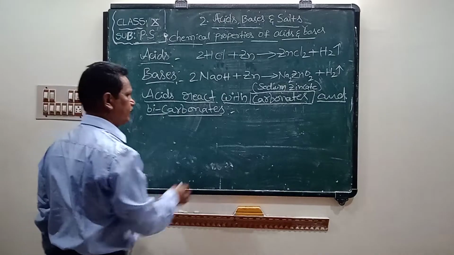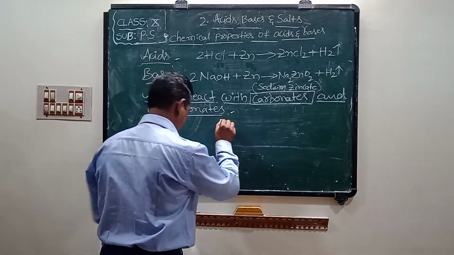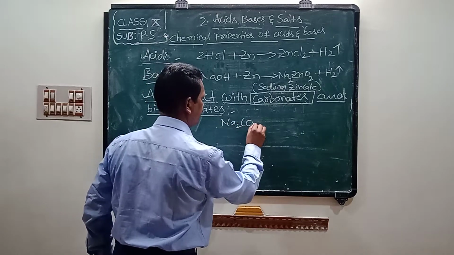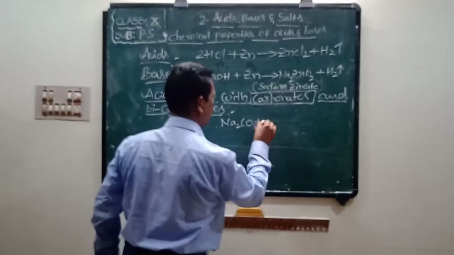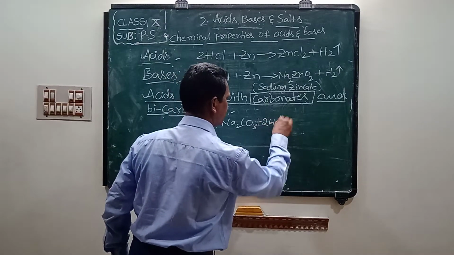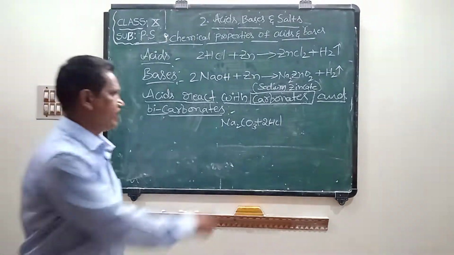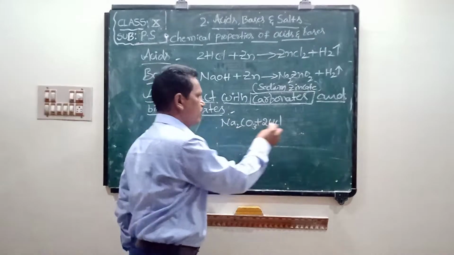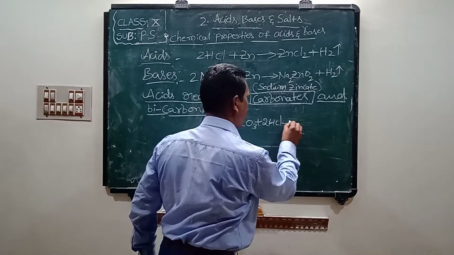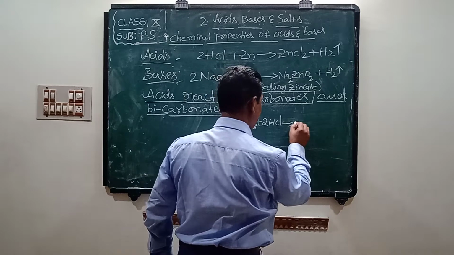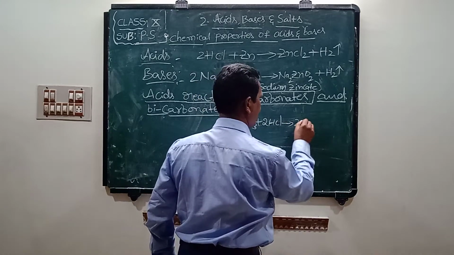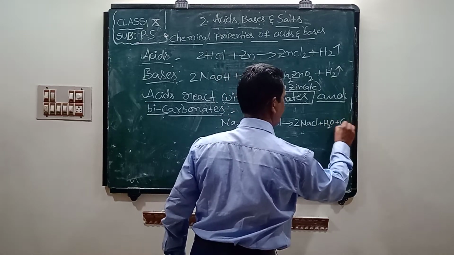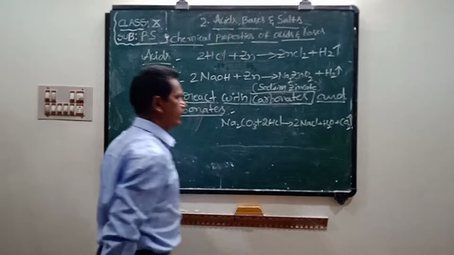Acid, 2HCl, reacts with Na2CO3. Na2CO3 plus 2HCl, hydrochloric acid, reacts with carbonate to form 2NaCl plus H2O plus CO2 gas.